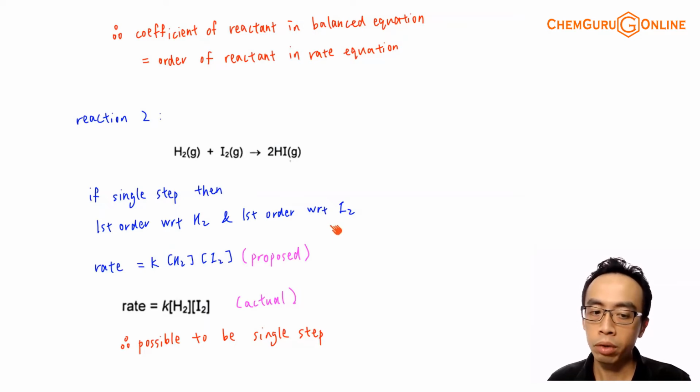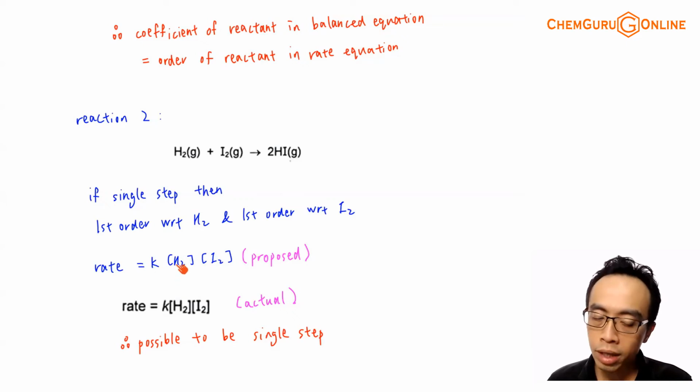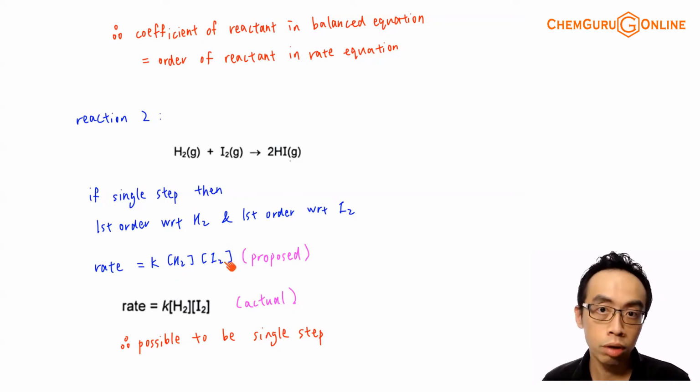Therefore, when I write out the rate equation based on this as a single step reaction, the rate equation will be rate equals rate constant k multiplied by concentration of H2 power 1, which represents order 1 with respect to hydrogen, multiplied by concentration of I2 power 1, which represents order 1 with respect to I2.